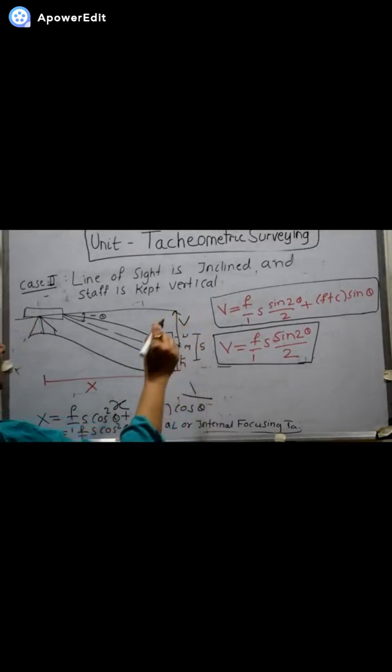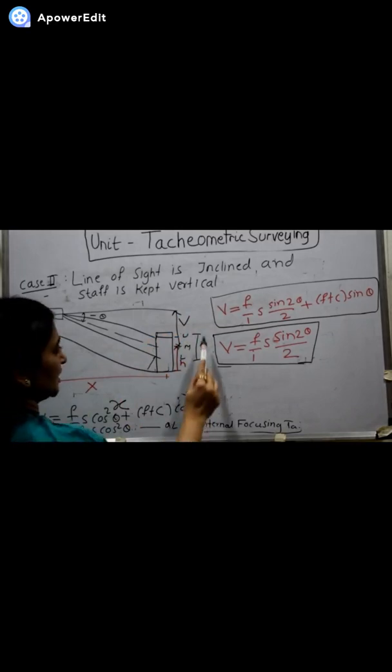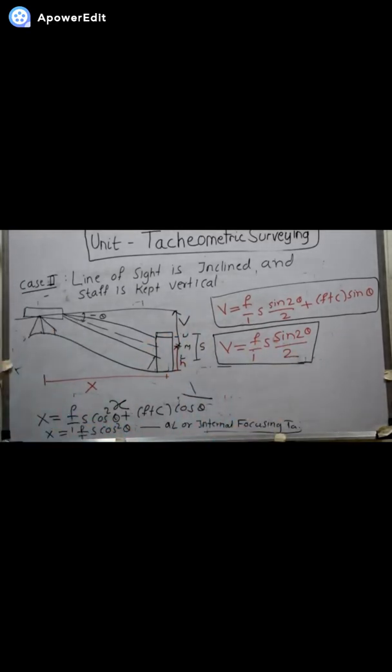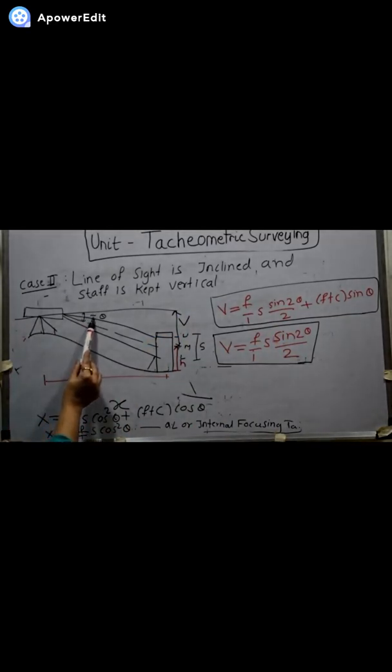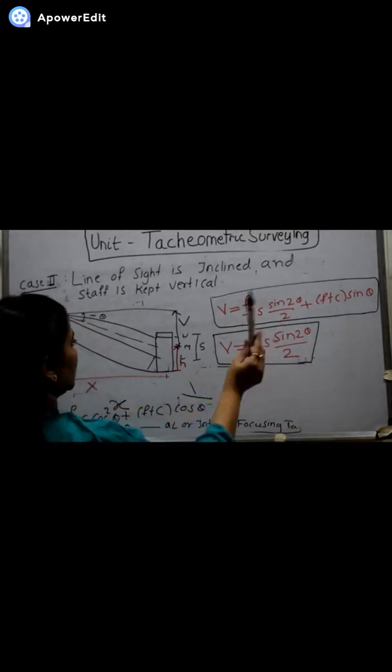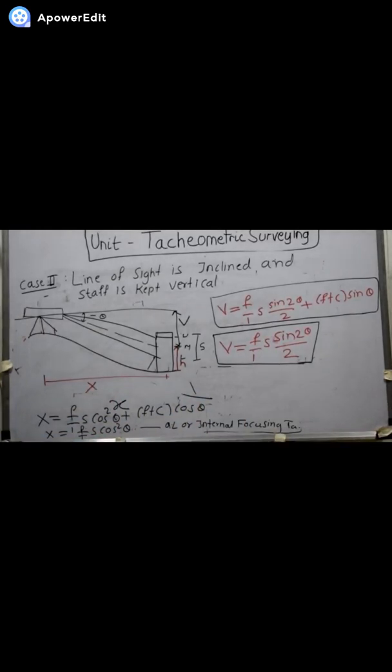This will come as V. But the formula which I have written previously will remain the same. Just to show that this is the angle of depression, the sign is taken as negative. It is not applicable in the formula.